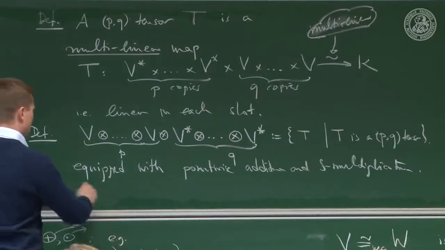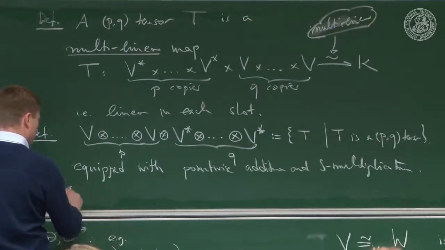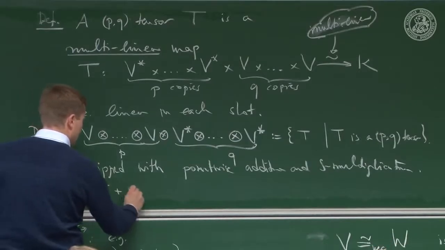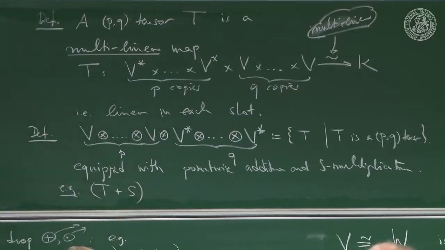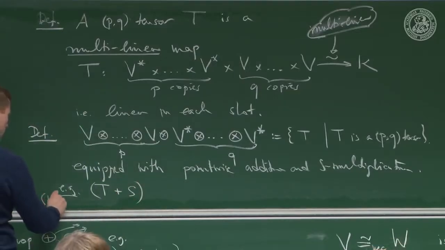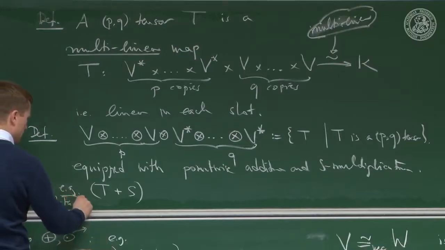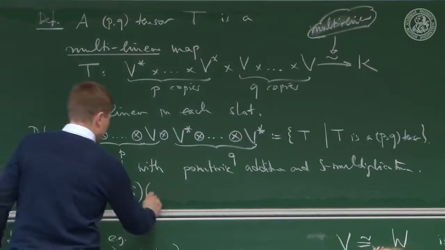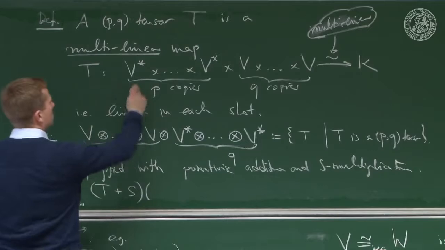So what do I mean by pointwise? E.g. T plus S, if they're both 1-1 tensors, they depend on what do they eat.